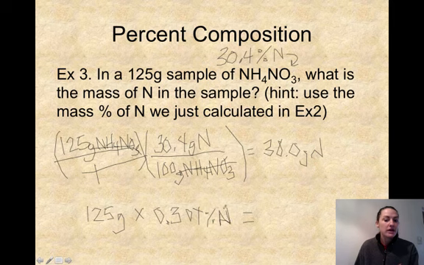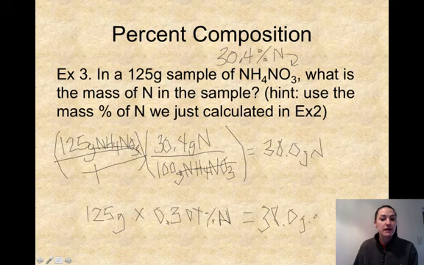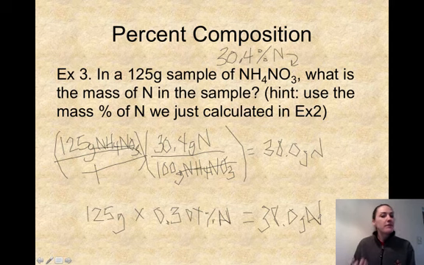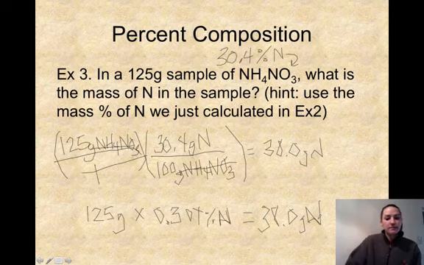Okay, so you can think about doing it either way. Both are acceptable. People like different ways, okay? Both mathematically are the same and will both get you the same answer of 38.0 grams of nitrogen in the sample, all right? So that's our third way that we can think about percent composition, just a different way you might see it written in your examples, all right? Nice work.